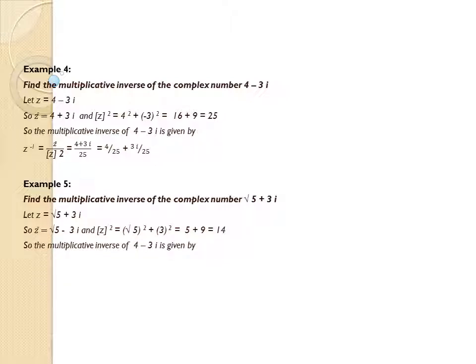So the multiplicative inverse of z equals complex conjugate of z divided by modulus of z square. So complex conjugate of z is root over 5 minus 3i divided by modulus square, that is 14. So root over 5 by 14 minus 3i by 14.